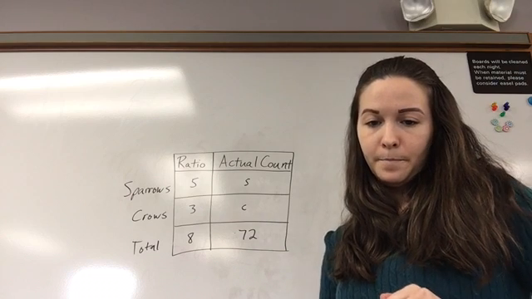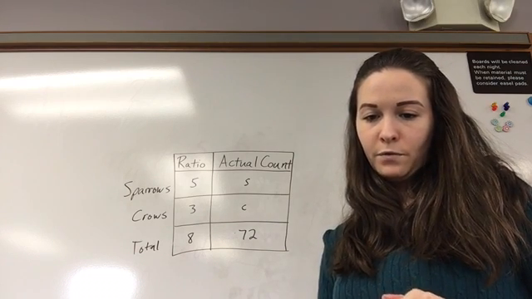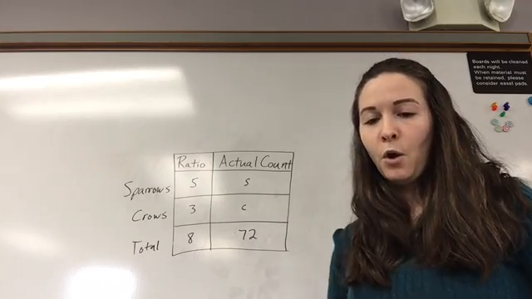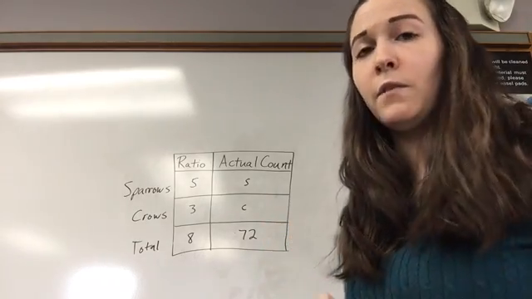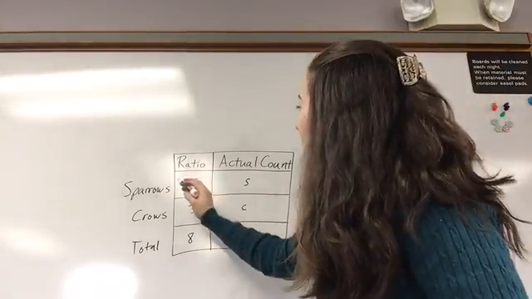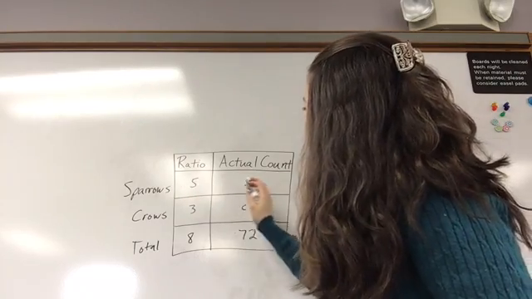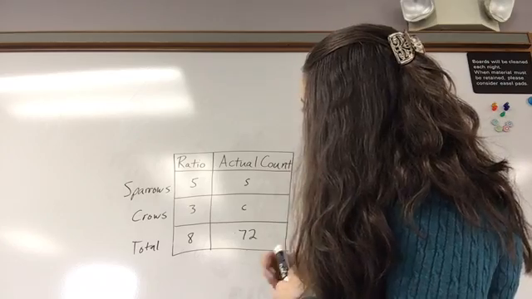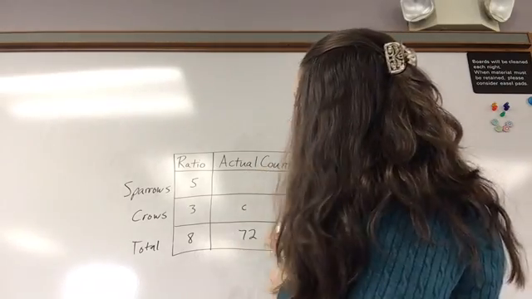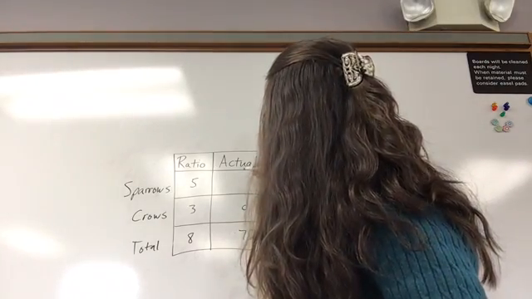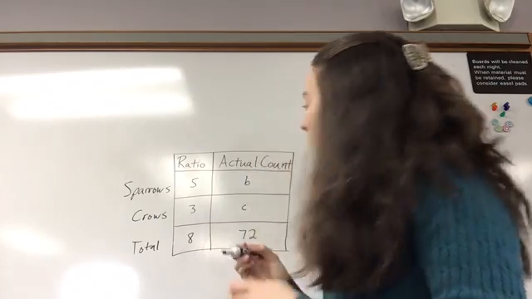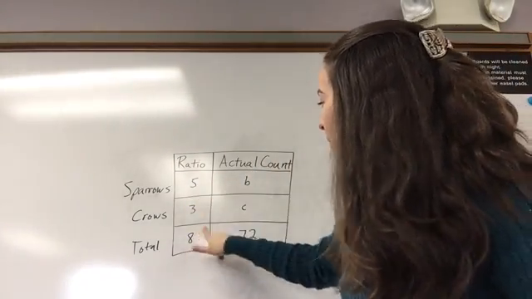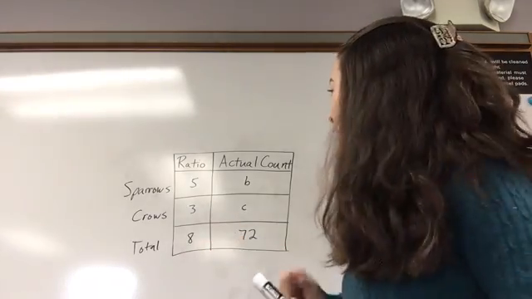Okay, you are looking to find the crow answer, so I'll let you find the crows on your own. So we are going to solve the sparrows. S can get a little bit confusing with 5. Let's do B for sparrows. We'll do B for birds. Okay, so use the column that we want to solve with the column that we already have complete information for.